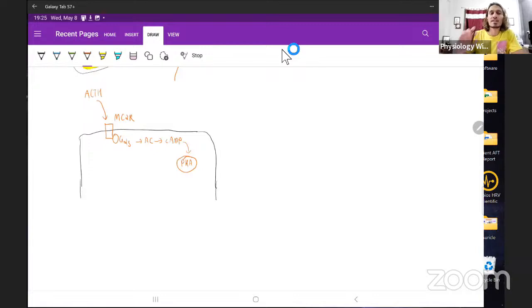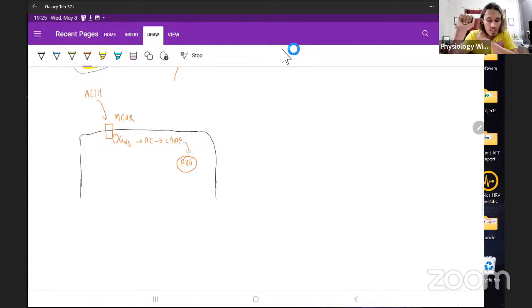So what does this protein kinase A do? So for that, let's go back and try to understand what type of hormone this is. We have peptide hormone, we have some sort of steroid hormone, okay, or amine derivatives.